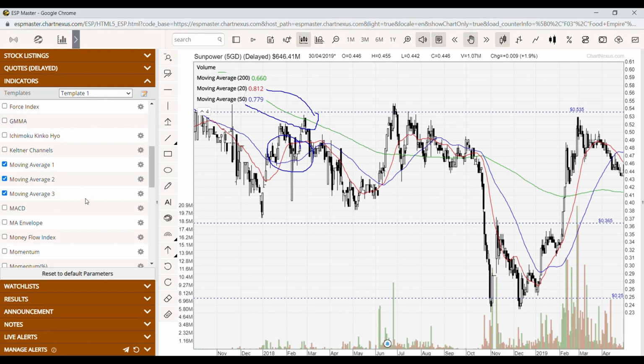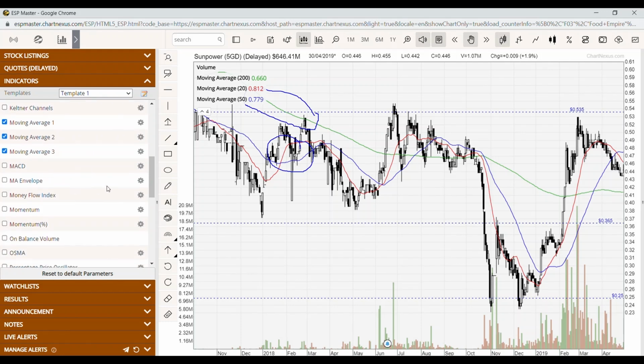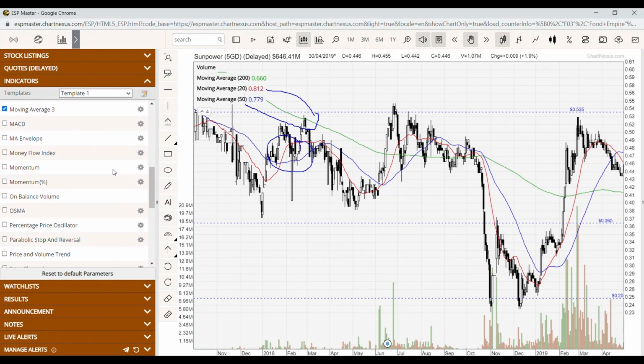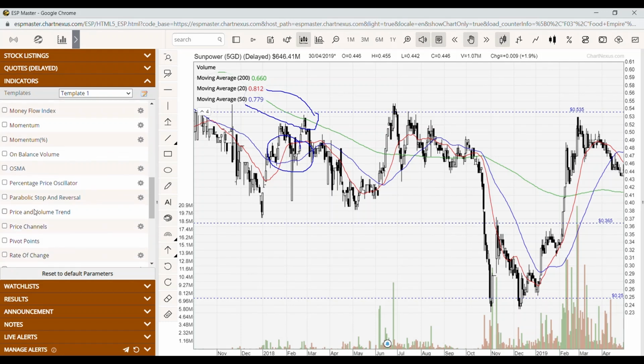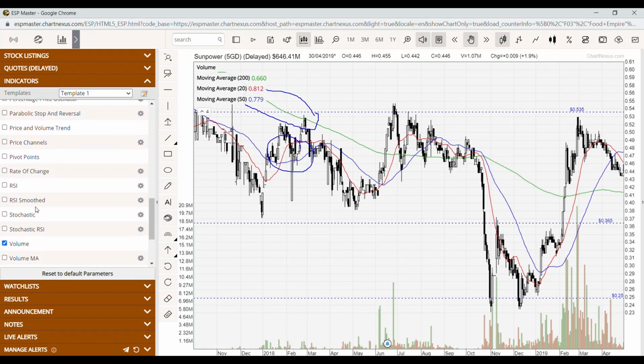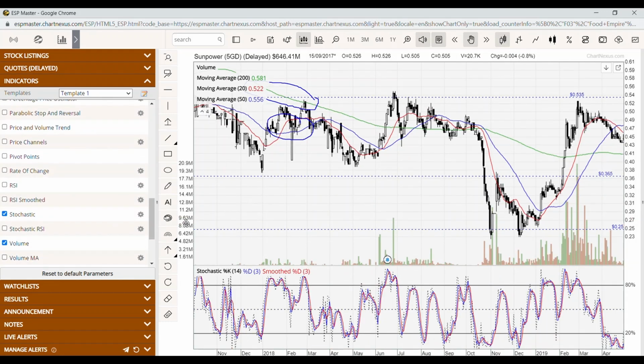Since this is the third episode, let me tell you a secret. The secret of the CNX up strategy. Basically, we will use trend, stochastics, and moving average to generate the signal. Let's bring in stochastics.